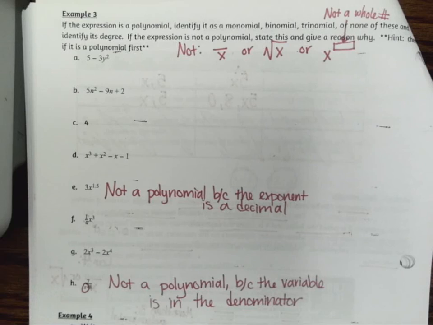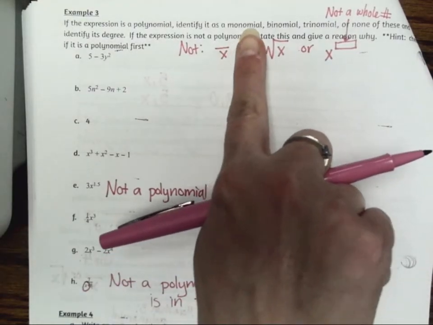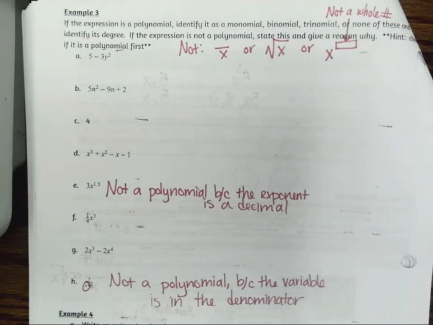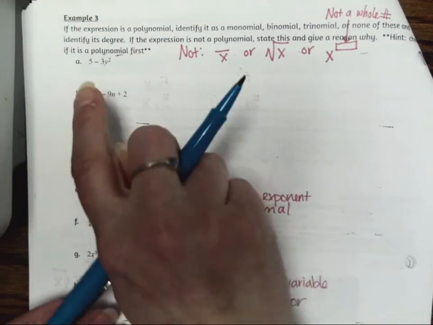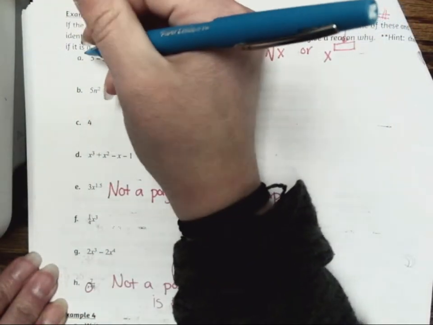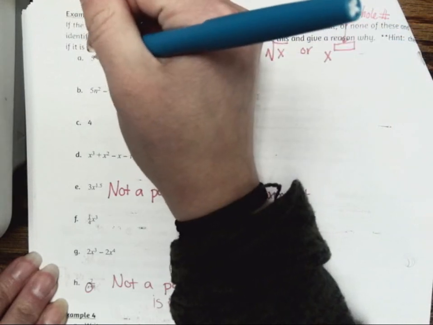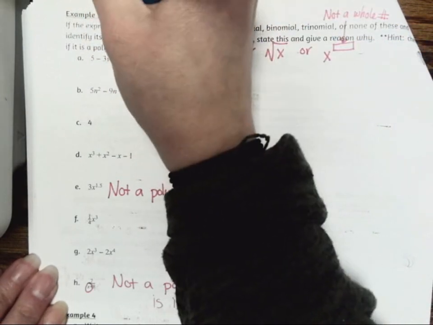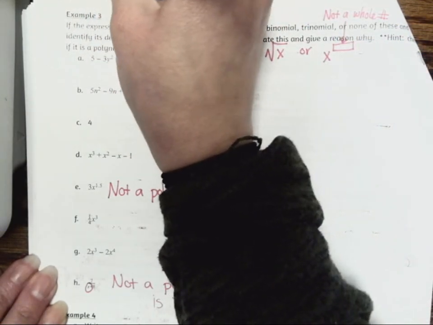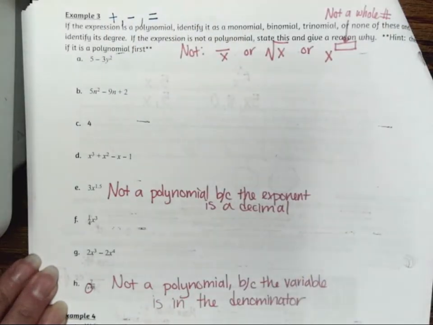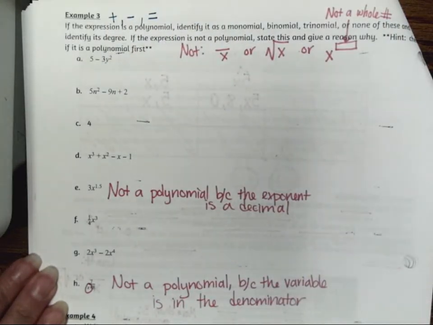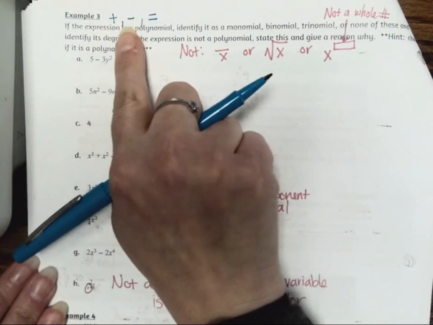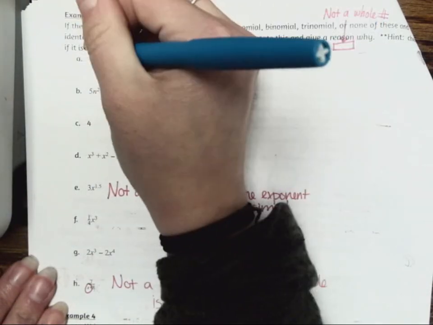Okay, for the other ones, you're going to go back and say, first, if it's a monomial, binomial, or trinomial. All right, so for A, we are going to count the terms. Terms are separated by addition, subtraction, or an equal sign. Because these are just polynomials, though, we're only going to have it separated by addition or subtraction.